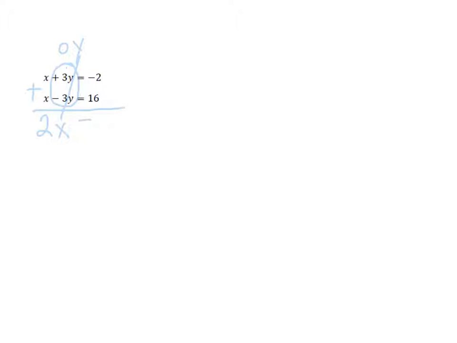I'm going to carry down my equal sign. What is negative 2 plus 16? You get 14. So now I have a nice equation that I can solve for x, and I divide by 2. So cancel, and I'm left with x equals 7.